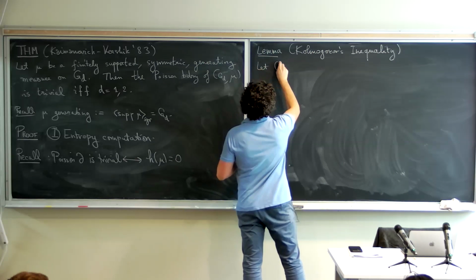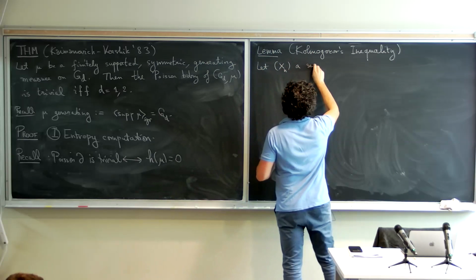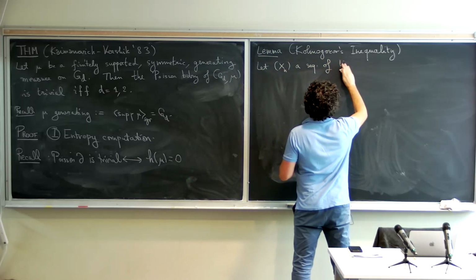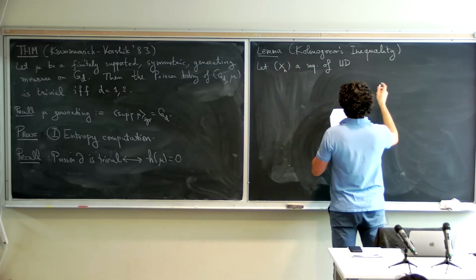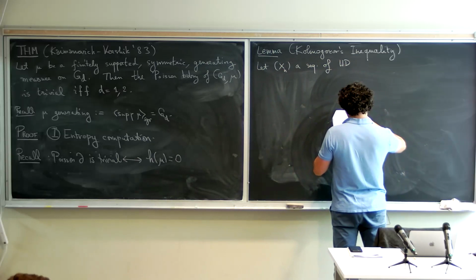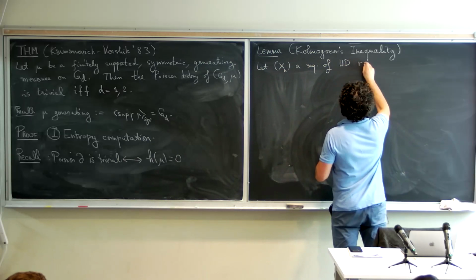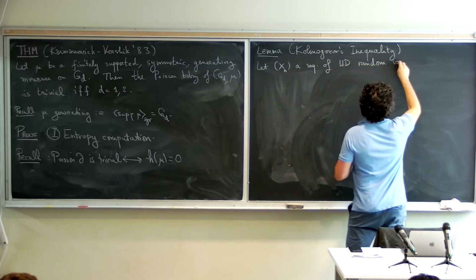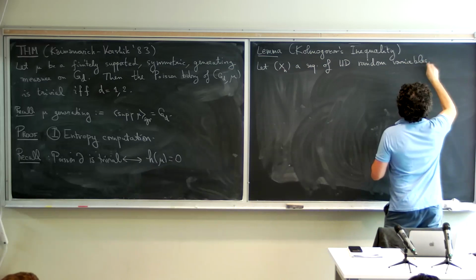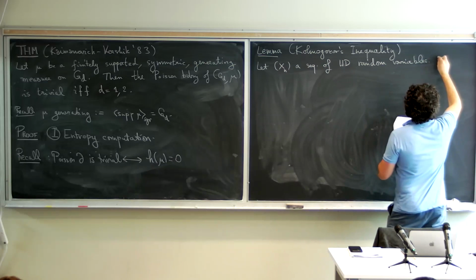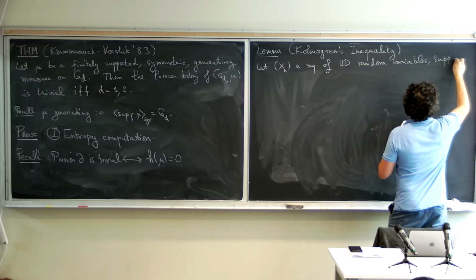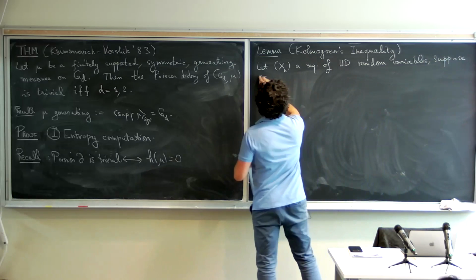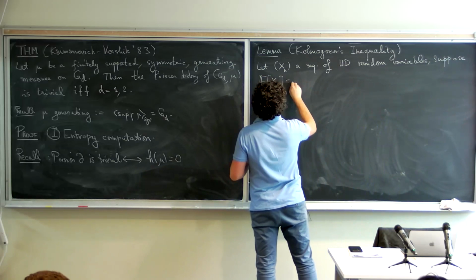We start with X_n, a sequence of IID random variables, and suppose that the expectation of X_n is 0 and the variance is finite.